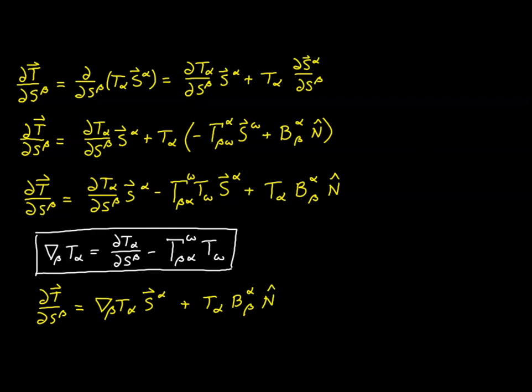Okay, so you can easily see that all of our comments from before carry over to this form as well. This expression right here is the expression we derived, I believe, back in video 32, where we derived an expression for the covariant derivative of a covariant vector component, and it's exactly the same form. But again, here, because we apply it to a curved surface, we get this new term.